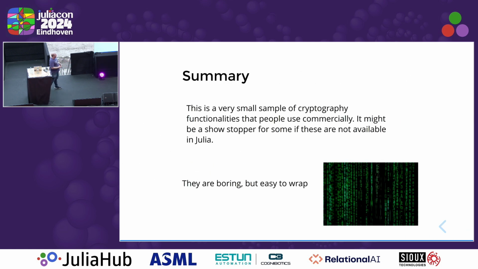So in summary, this is a very small sample of cryptographic functionalities in Julia. I didn't cover not even half of the things that are out there. I just covered the things that I think are needed, at least commercially available. I'm also not talking about fancy homomorphic encryption. I would be happy to be able to use those, not military grade, just commercial stuff.